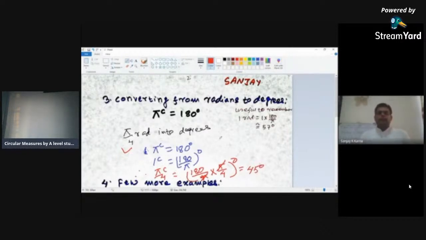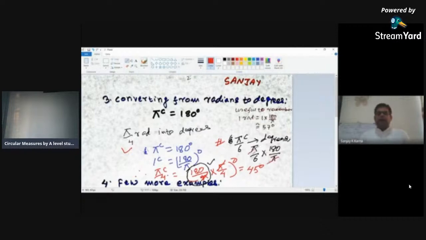What we have noticed here is that to convert radians into degrees, you multiply in the reverse way, by 180 by pi. For example, if you would like to convert pi by 6 radian into degrees, you take pi by 6 and multiply by 180 and then divide by pi.